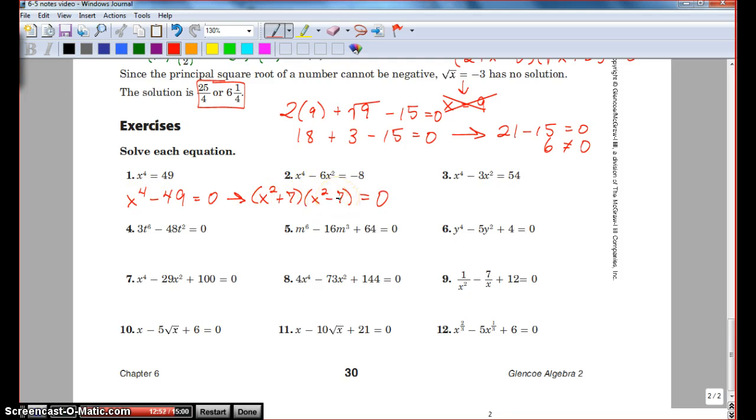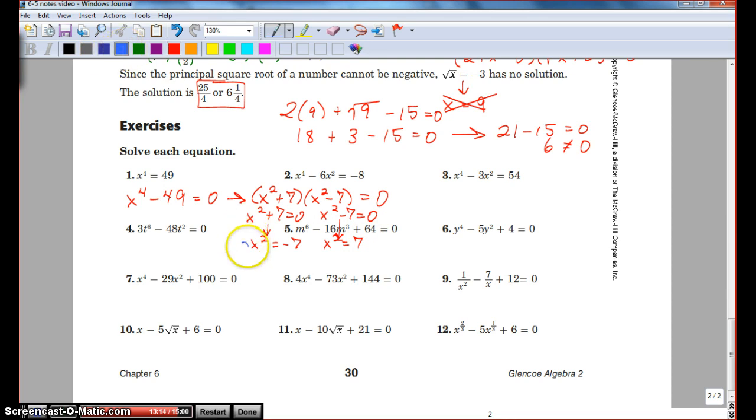And that's truly it as far as factoring. When it comes to solving, though, of course, we've got to set this equal to 0. So x squared plus 7 equals 0. X squared minus 7 equals 0, which then I'll end up with x squared equals negative 7. X squared equals positive 7.